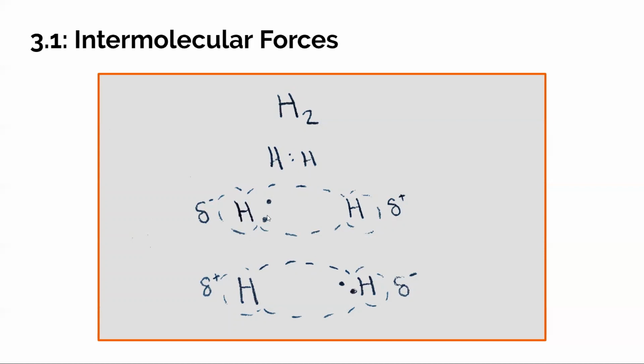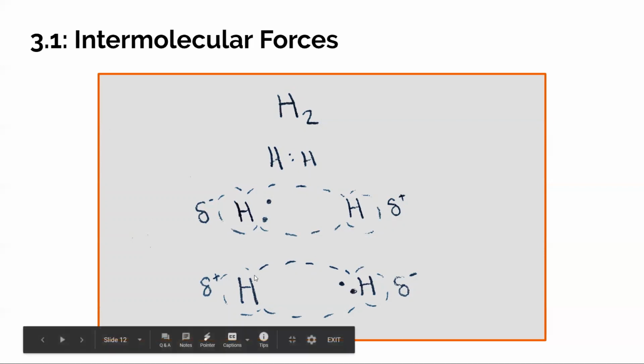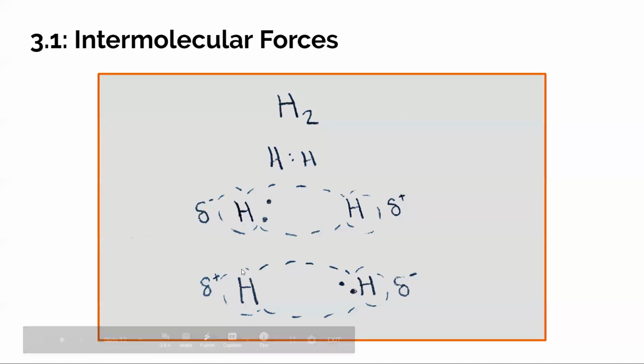Since electrons are negative, this is going to make this hydrogen negative and this one positive, since it doesn't have those electrons here. And then the next millisecond, it might switch over to this hydrogen, and it might become negative, and this one will become positive. So that just explains that there are temporary dipoles.